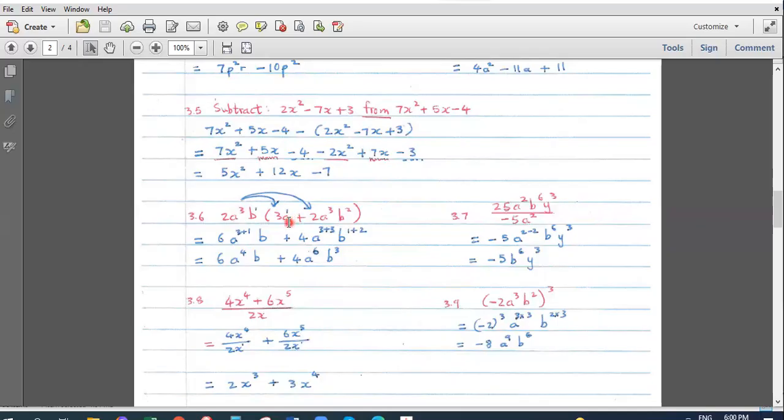When you're multiplying powers, you add the exponents of like bases. So remember, now we're going to work with the exponents as well. We're going to add the exponents of like bases. When we divide, we subtract the exponents of like bases.